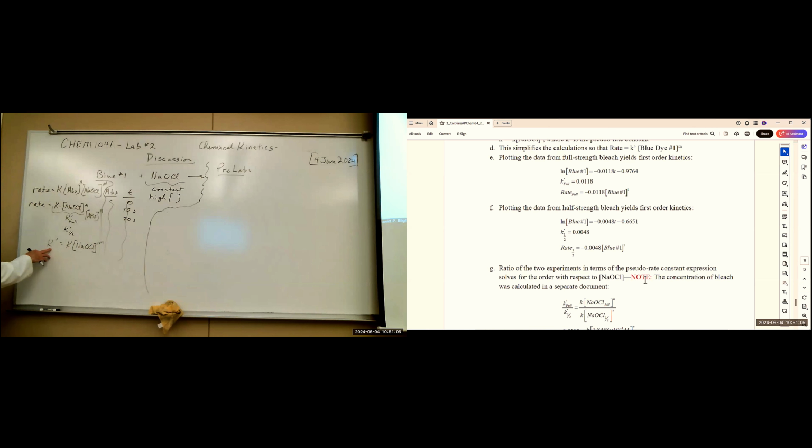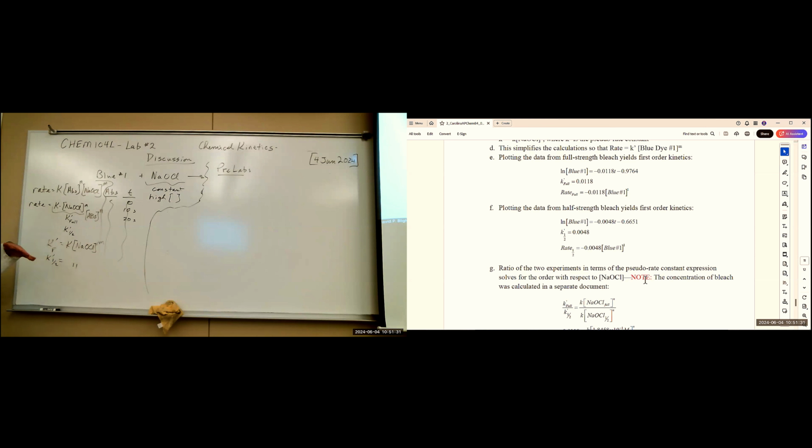Now, if it's K prime full strength, it'll be simple K times the full strength concentration. And the K prime for the half strength will be the same K, which we don't know right now, times the half strength concentration. So you know those two. You know the full strength, you know the half strength K prime.